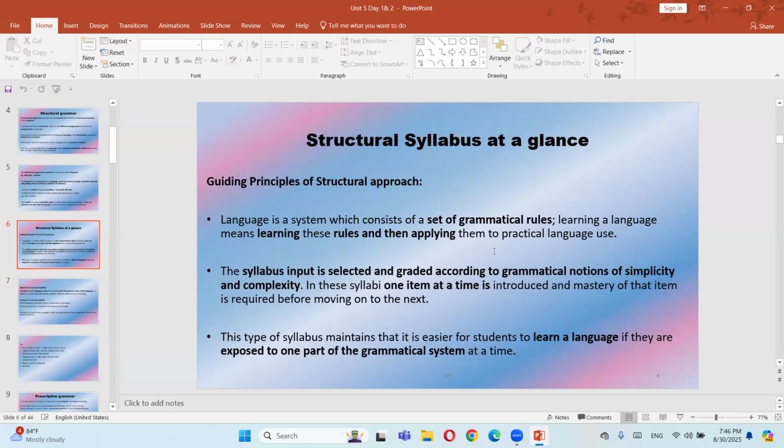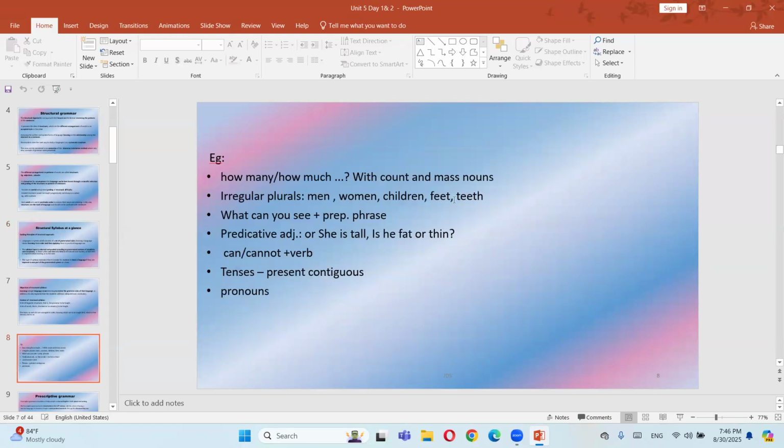For example, compound nouns and collective nouns. You can't put them together and teach, or any 2 concepts. One concept at a time should be focused. Make use of this slide, which speaks about the guiding principles followed under the structural approach, when you are answering the question.